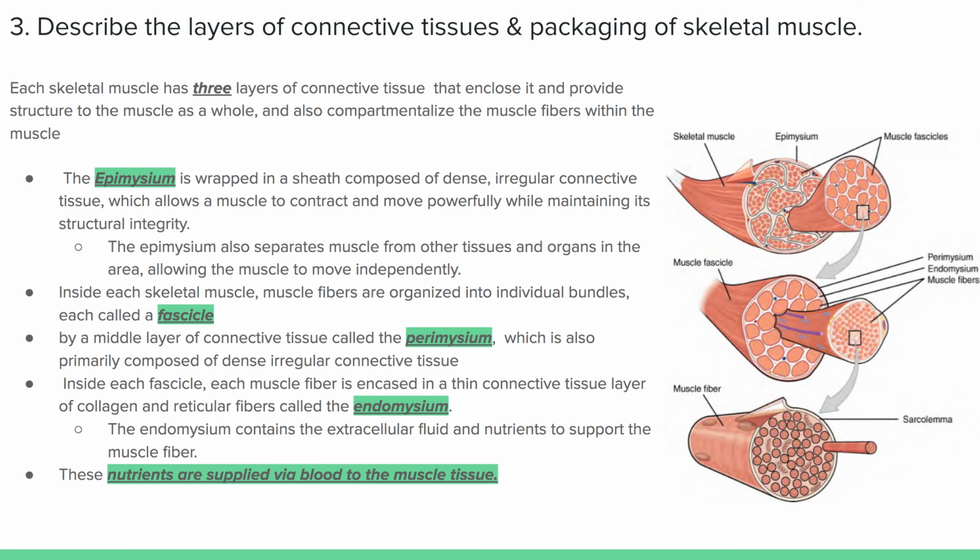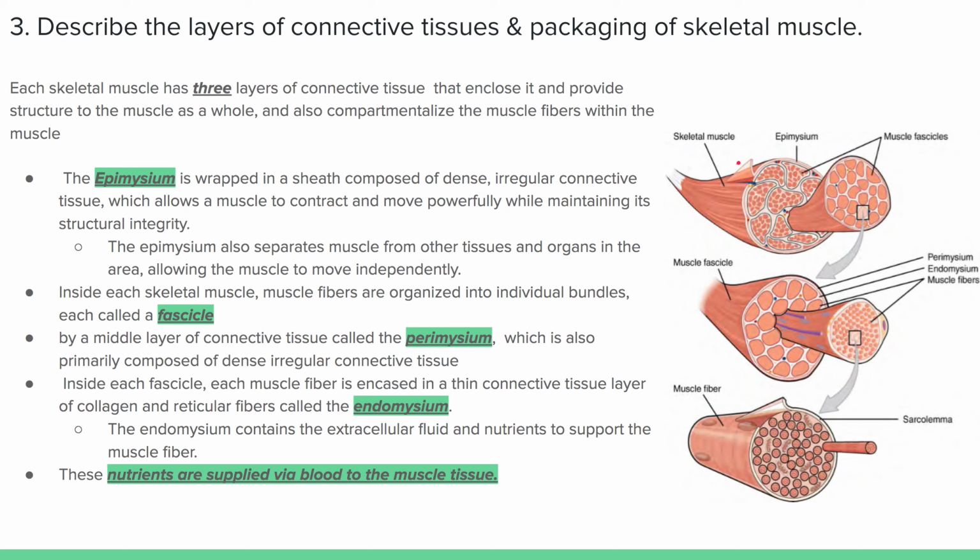There are three layers of connective tissue in an actual muscle. We usually just see muscles in our human body, but this is what we'll see if we cut a muscle. The main function of these layers is to give structure, keeping a compartment for each part. The first layer is called the epimysium.